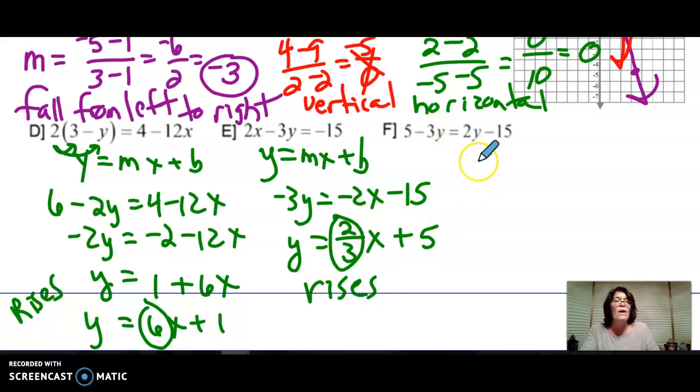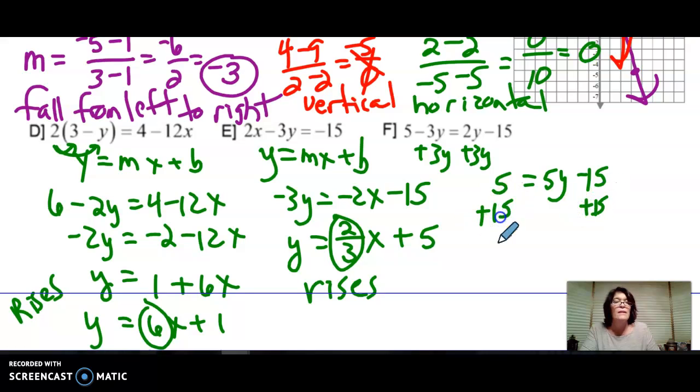Here we need to get the y's together. So I'm just going to add 3y to the other side to keep everything positive. 5 equals 5y minus 15. I'll add 15 to the other side. I have 20 equals 5y. Divide by 5, I just have y equals 4.